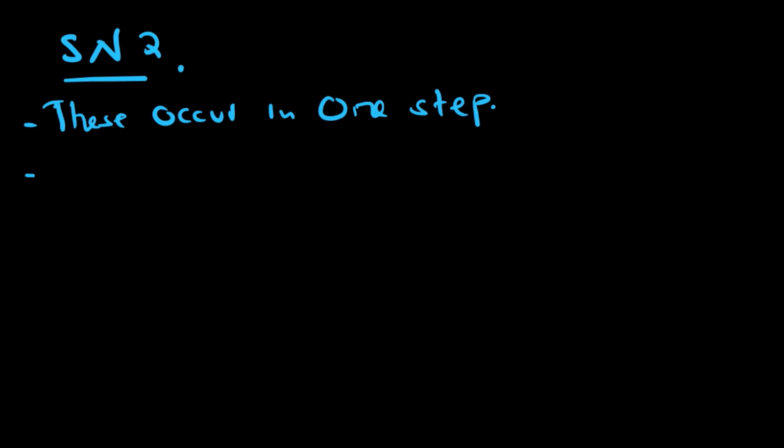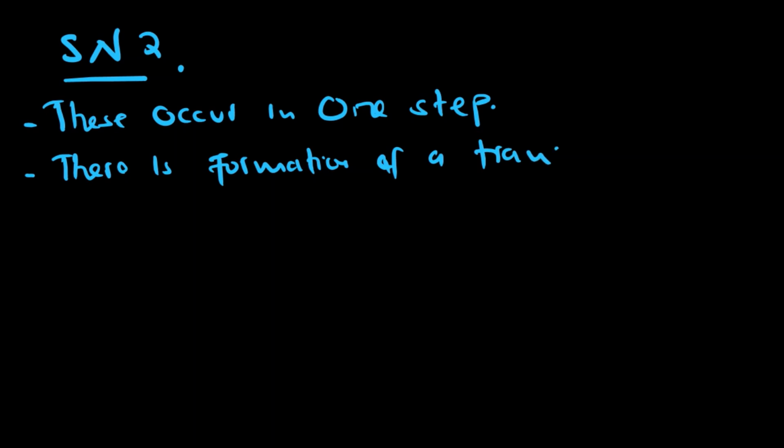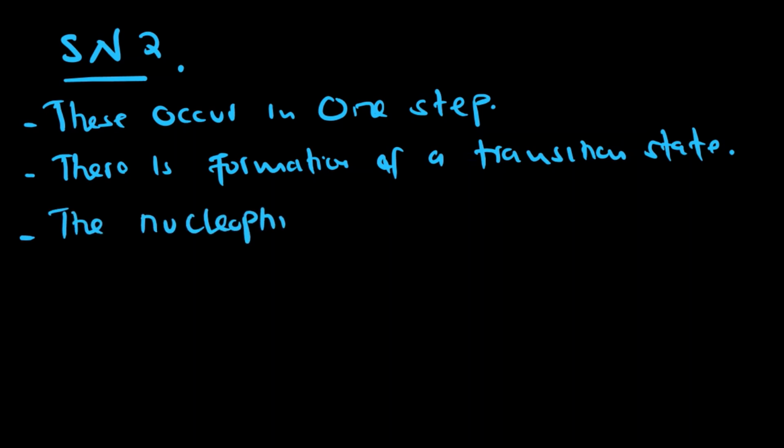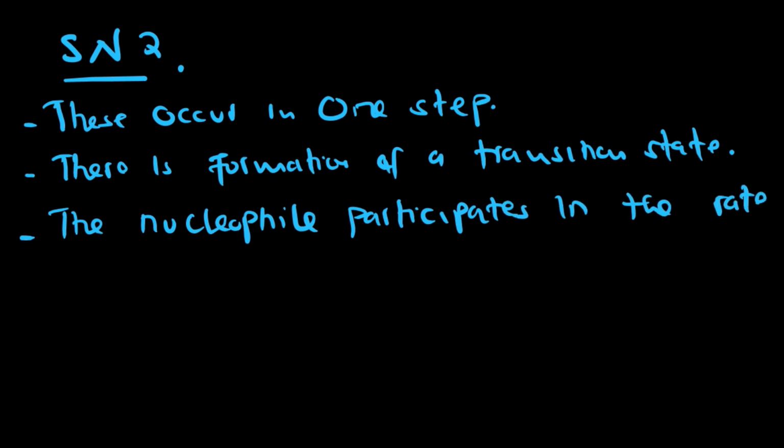Number two, there is formation of a transition state. So you always have to know there's the formation of a transition state. Number three, the nucleophile participates in the rate determining step.